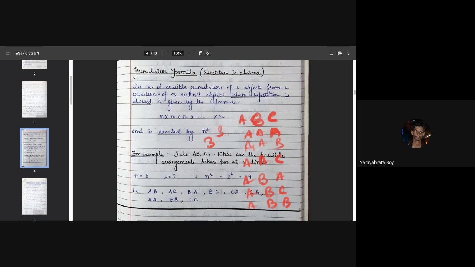So the general formula is n to the power r. So nPr will be n to the power r if repetition is allowed. Okay, fair enough? Any doubt? So that we can elaborate a little, or we can jump towards combination.